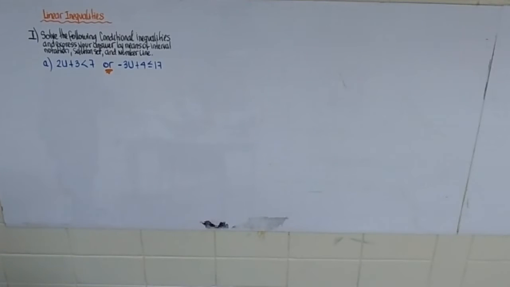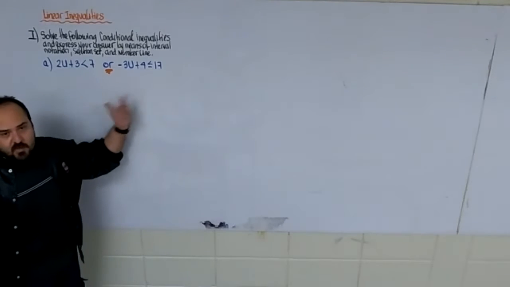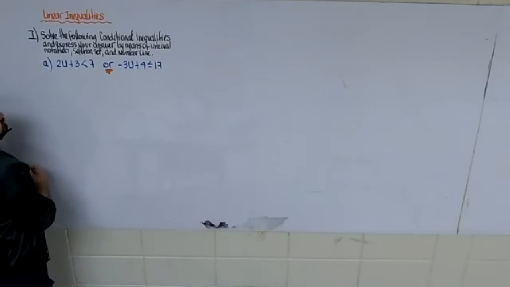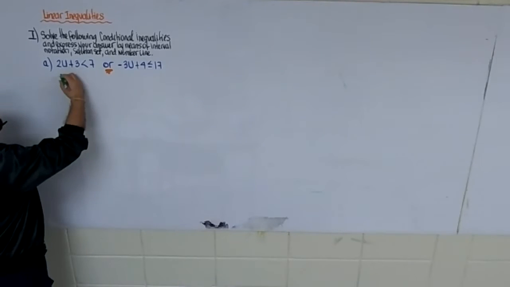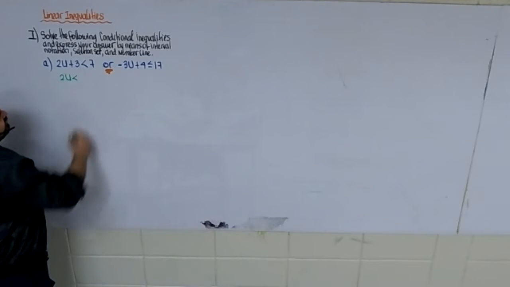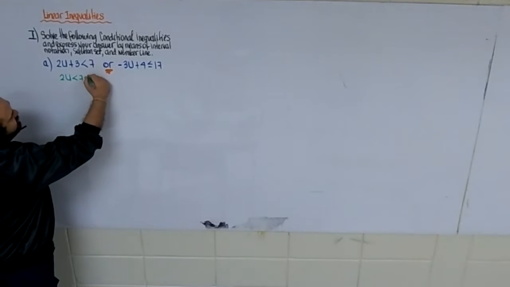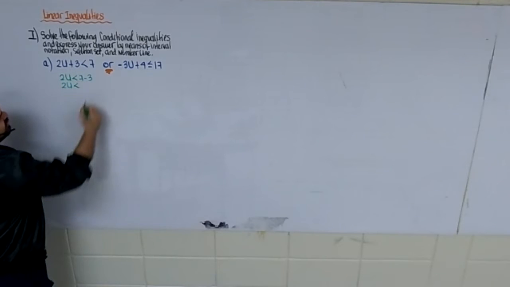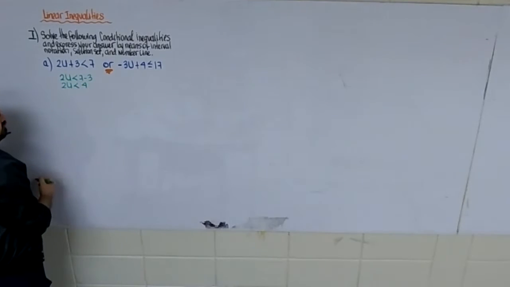How are we going to proceed to solve these inequalities? Because we have two different inequalities, we have to solve each one of them. For example, in the first one, we have 2u plus 3 less than 7. You know, 2u will be less than 7 minus 3. 7 minus 3 will be 4, right?